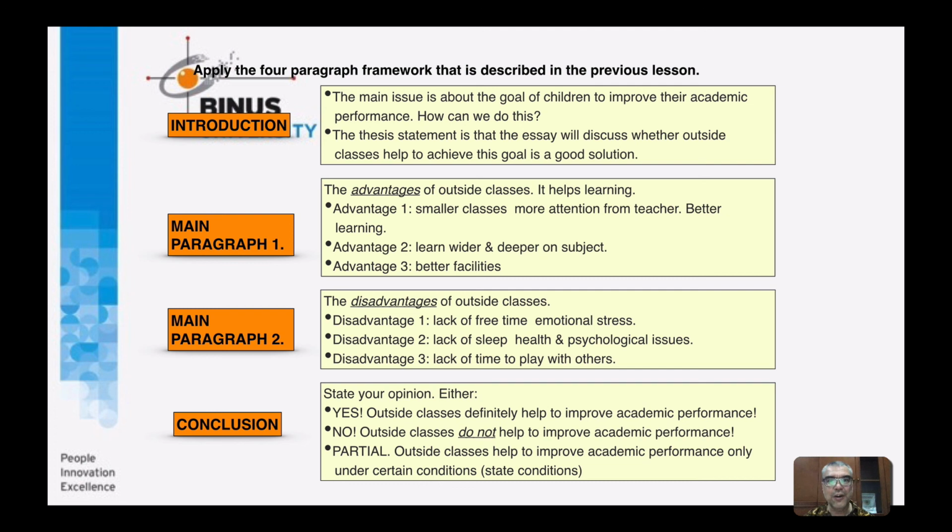And then the third option is a partial agreement. For this opinion, you'd have to write that there are only special circumstances when outside classes do help to improve academic performance. And you'd need to very briefly identify what those assumptions or conditions are.